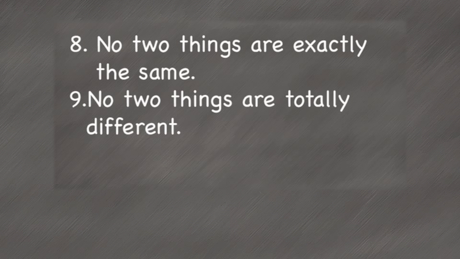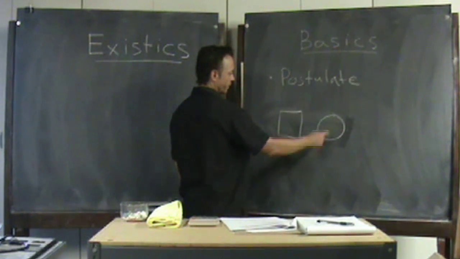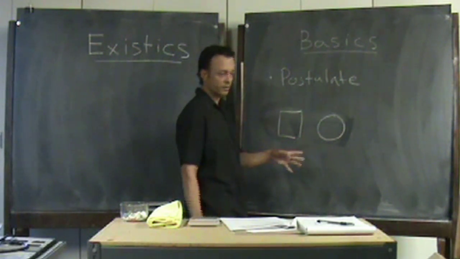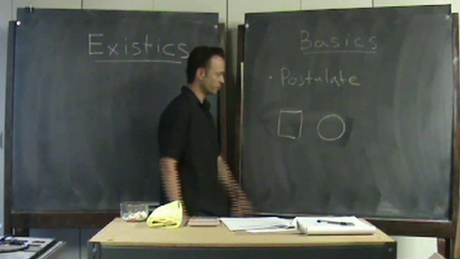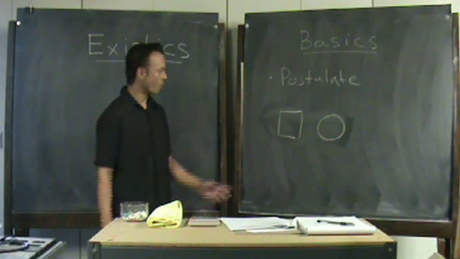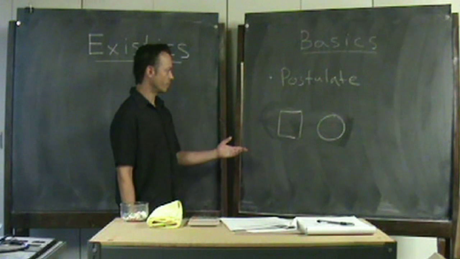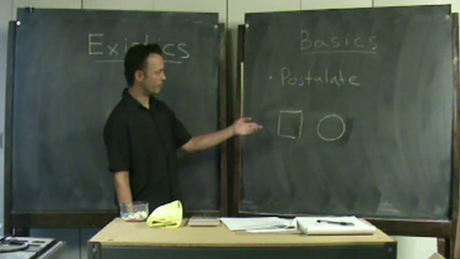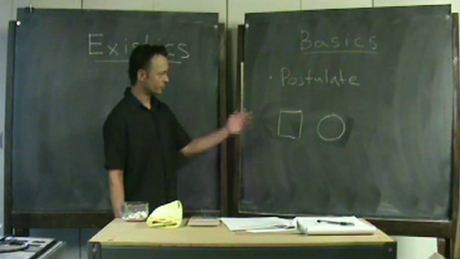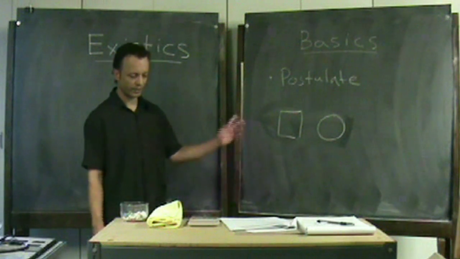For instance, even though this is a square and a circle and they are different, they're both objects written on a chalkboard, or they're both shapes, or they both can be proven using geometry or calculus or trig or whatever.